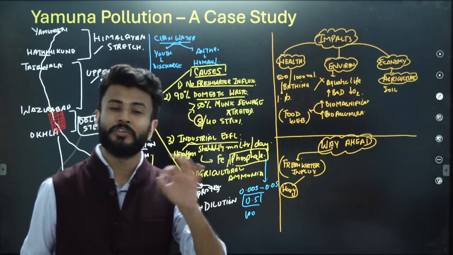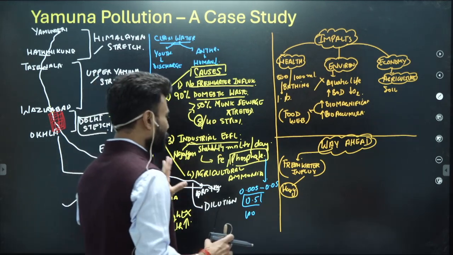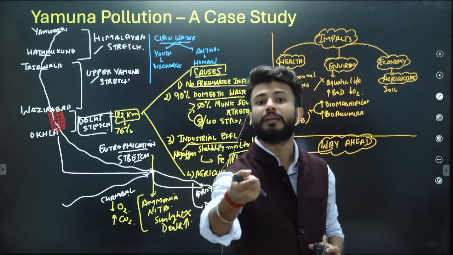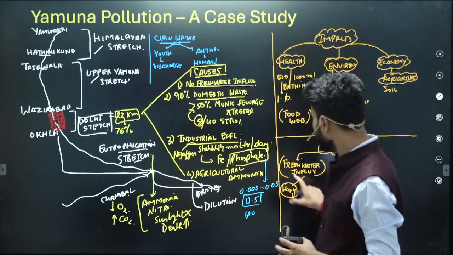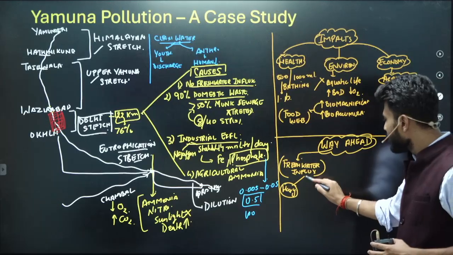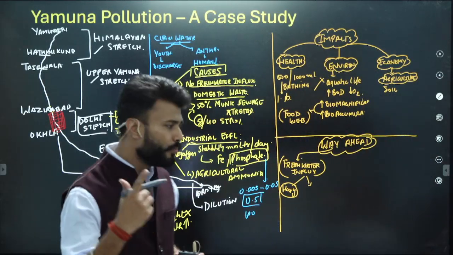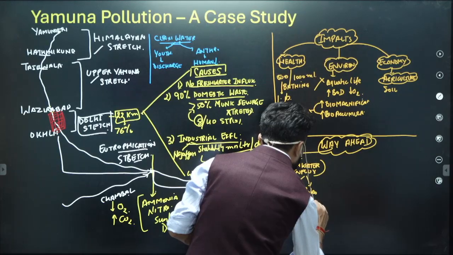Okay, it does not know any state political boundaries. It will be equal to everyone, and the downstream states will be more vulnerable because all of the pollution is coming to the downstream states. Are you getting it? So one is you can ask Haryana, but until and unless this is happening, what we should do is revive the paleo channels.